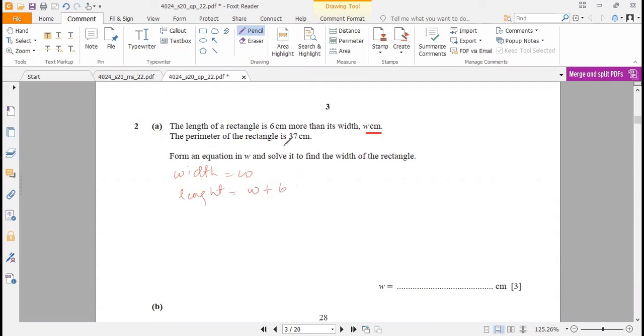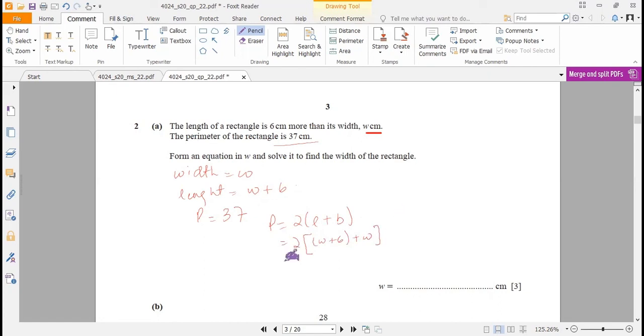And the perimeter we have here is 37 centimeters. So P is 37. Now we know the formula for the perimeter of a rectangle, that is P equals 2 times (L plus B). Here the length is W plus 6 and the breadth is W.